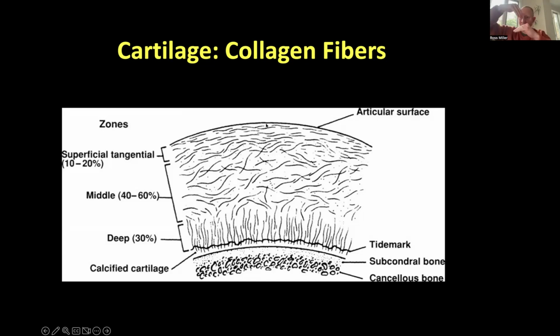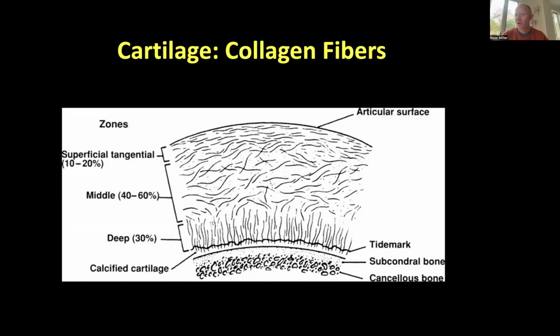So when you load them in compression like that, it's kind of like trying to break a string by pressing on it from the top, which is really difficult. It'd be a lot easier to snip it or pull it.